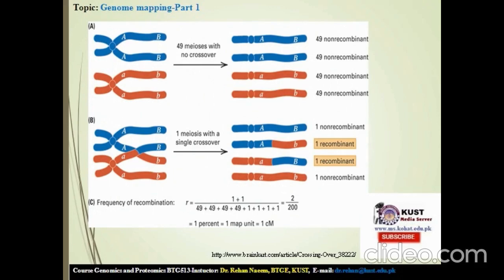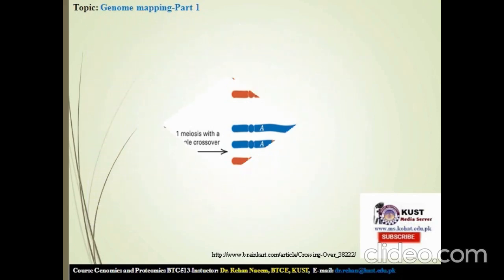By dividing the recombinants by the whole progeny, we can get the recombination frequency, which is described in the form of map units, and map units actually give us information about the centimorgan distance, the relative distance.